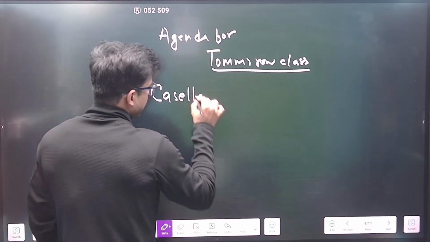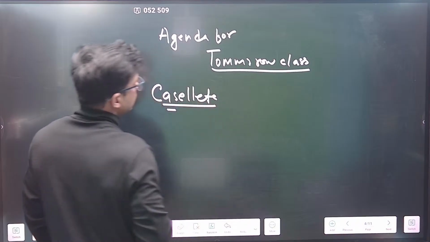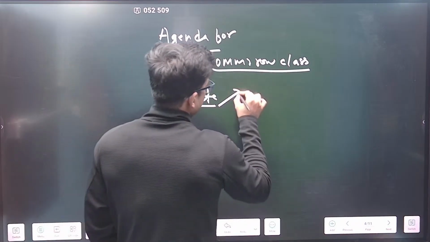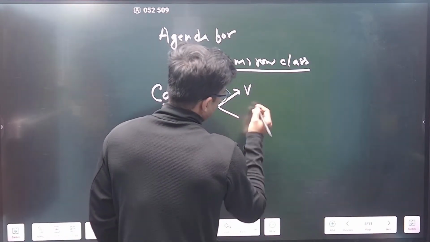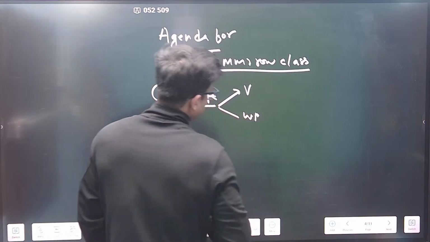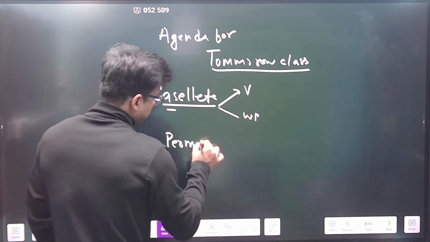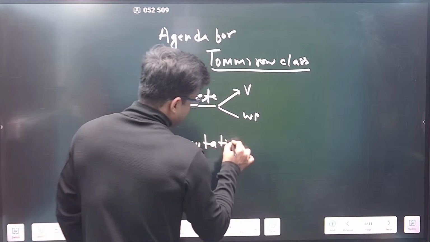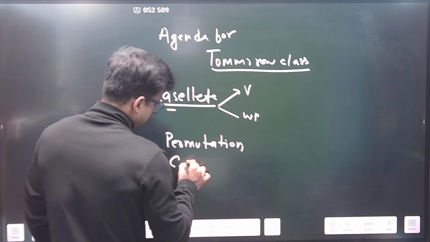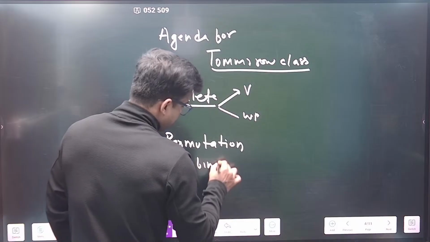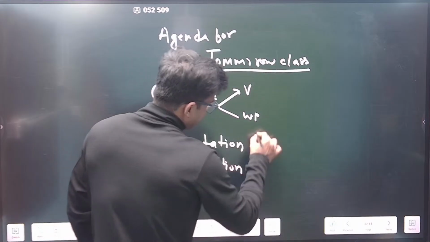In caselet, we have completed our Venn word problems. Now I will be starting with permutation, combination, and probability.